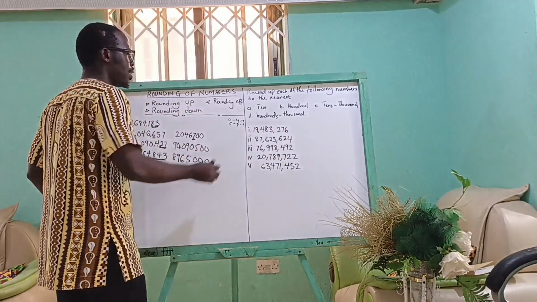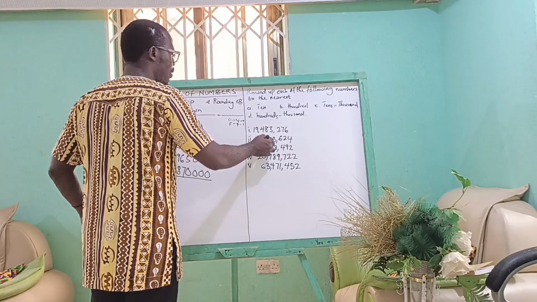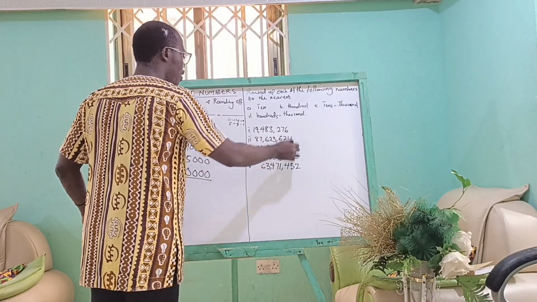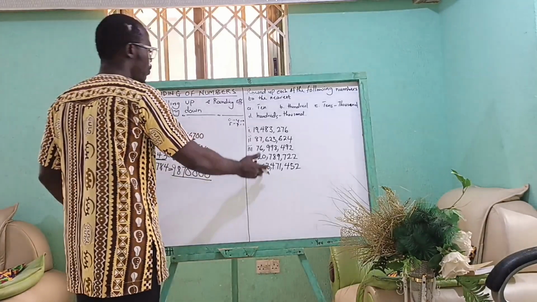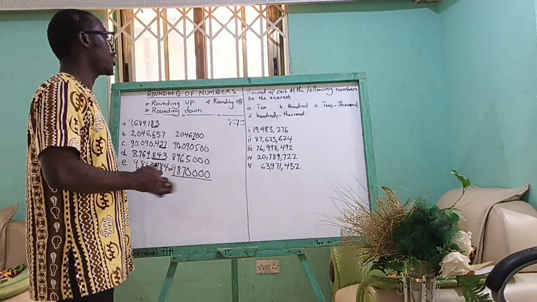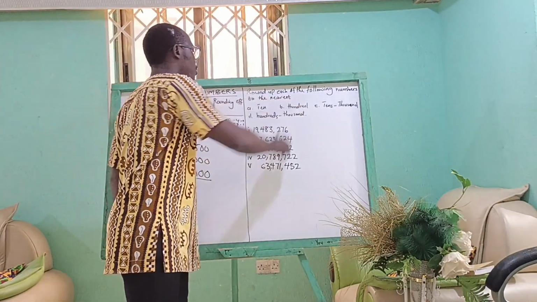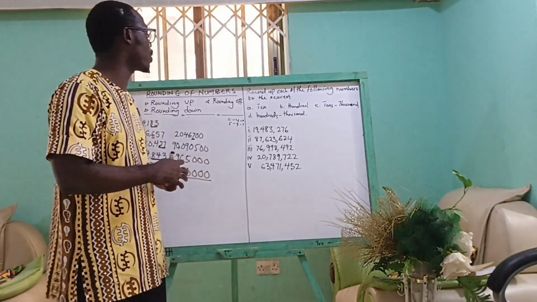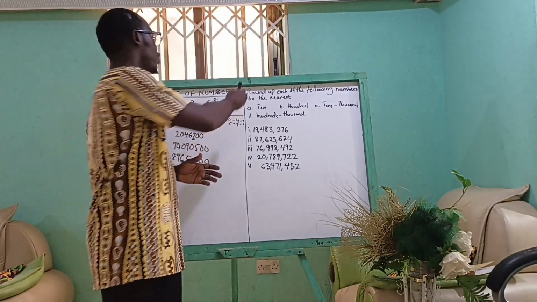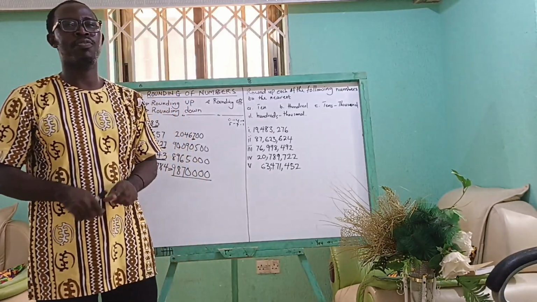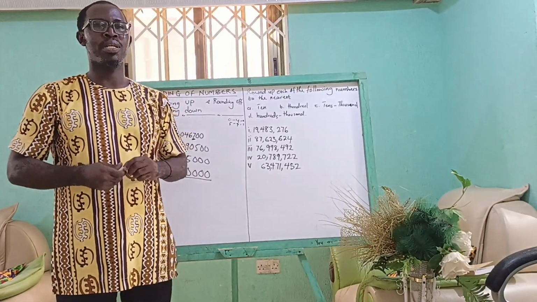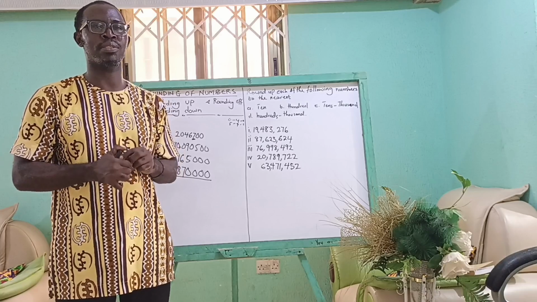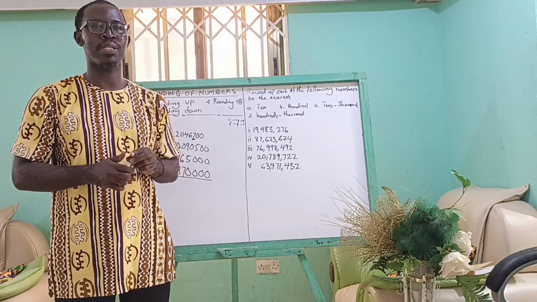Try it for me. 87,623,624. Try these 5 questions for me under the various digits, tens, hundreds, and then we go in that order. Try and then round it up as we have learned today, and then send your answers to me. All your comments and questions will be answered.